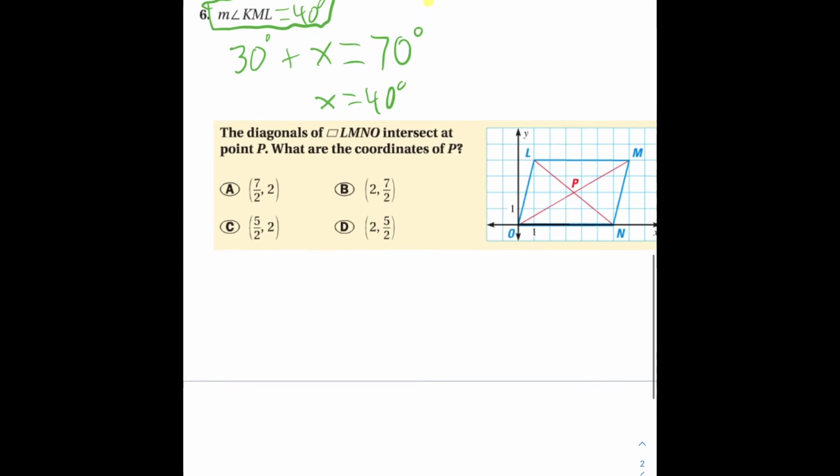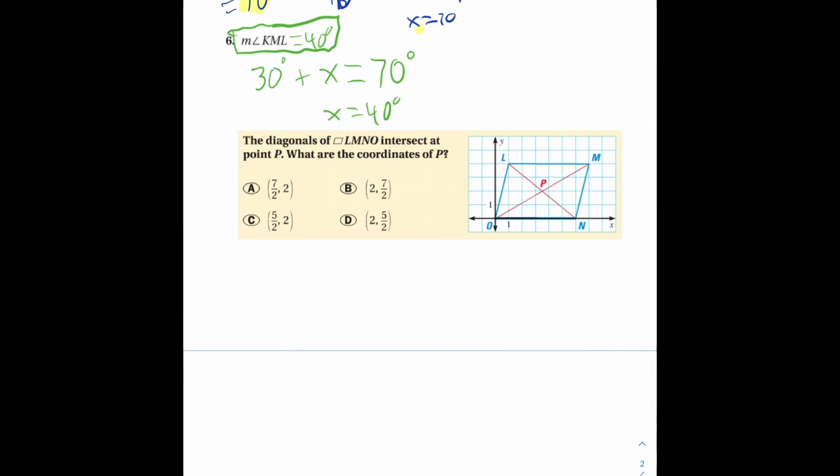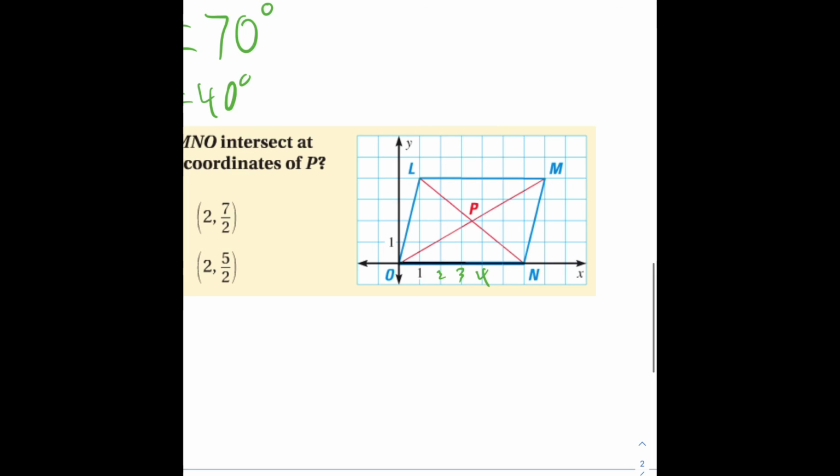Last problem, the diagonals of parallelogram LMNO intersect at point P. What are the coordinates of P? So again, I look at my scale, this is 1, 2, 3, 4, and we got 1, 2, 3, 4, 5, 6, 7.